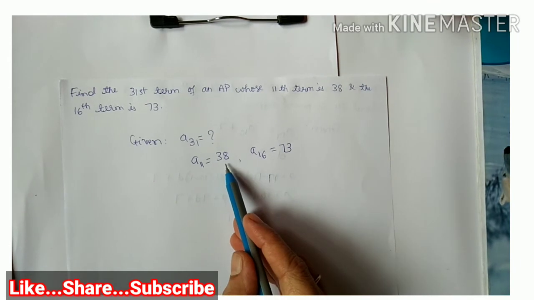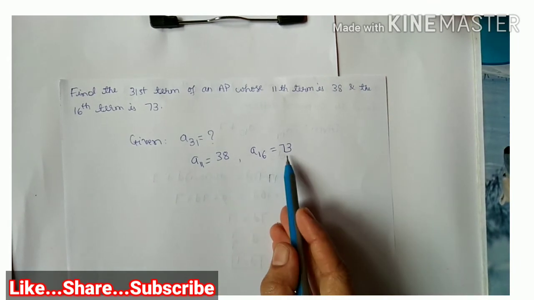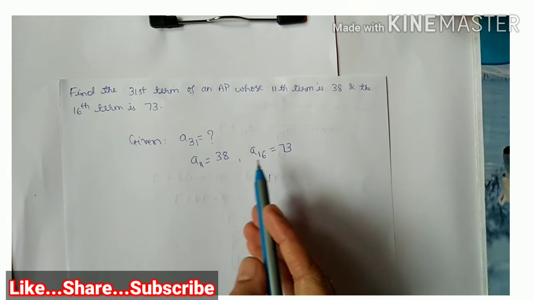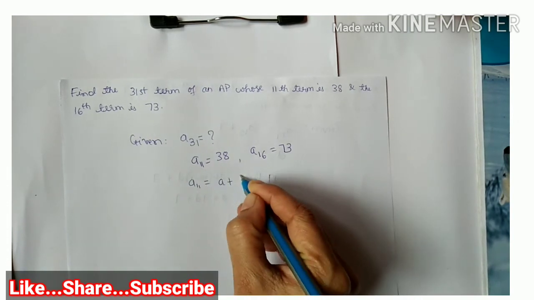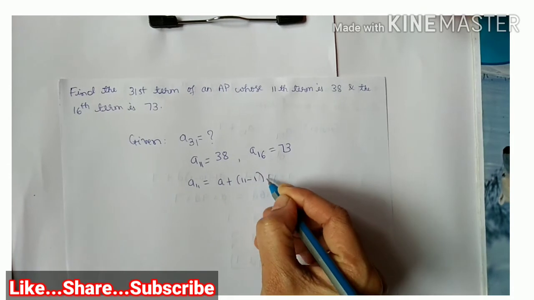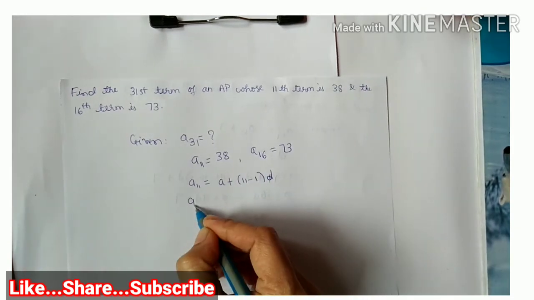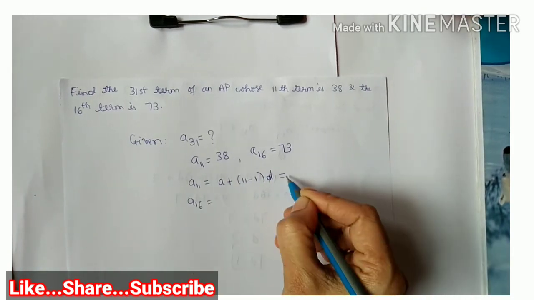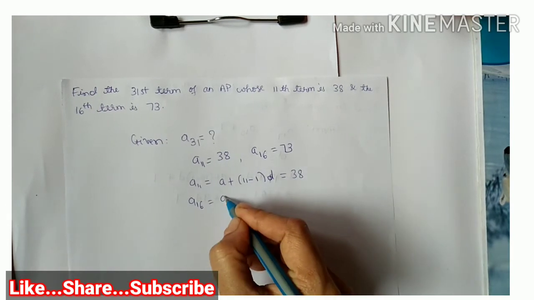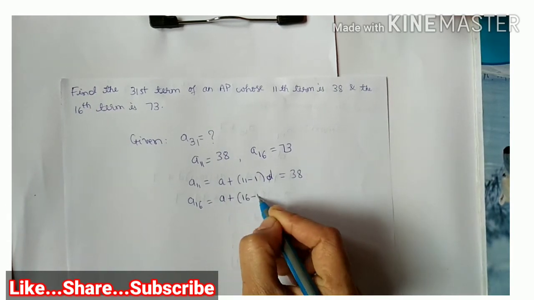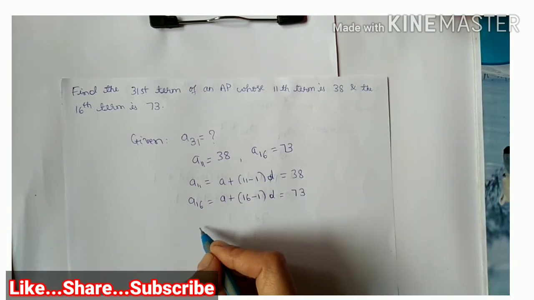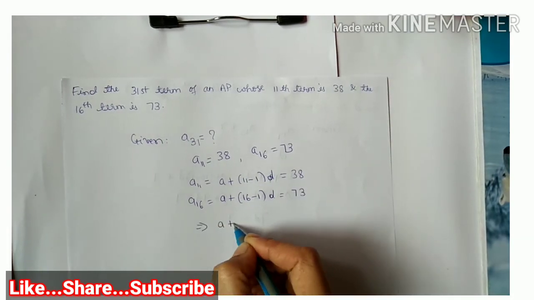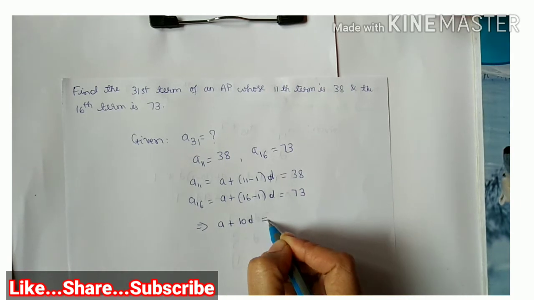Given a11 = 38 and a16 = 73. a11 means a + (11 - 1)d, and a16 is a + (16 - 1)d = 73. Therefore it implies a + 10d = 38.